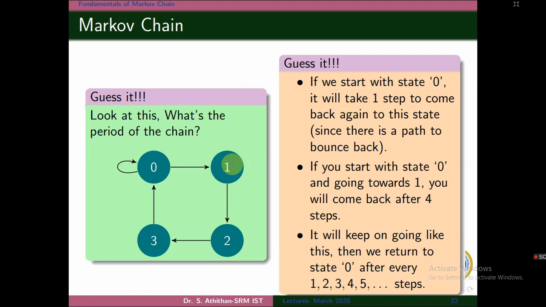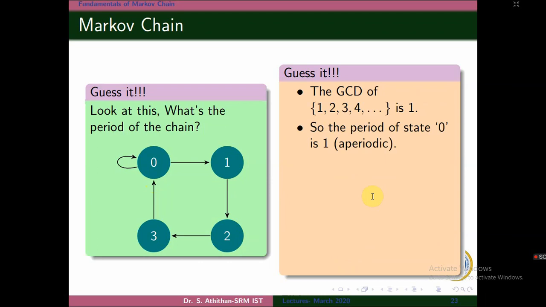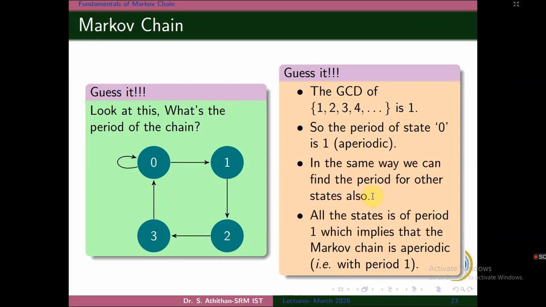State 1: if you want to come to state 1, 1 to 2, 3, 0, and then 1. Actually, I am talking about 0 only here. In the same way, we can find the period of the other states also. Like 1, 2, 3, 4, 4 steps.